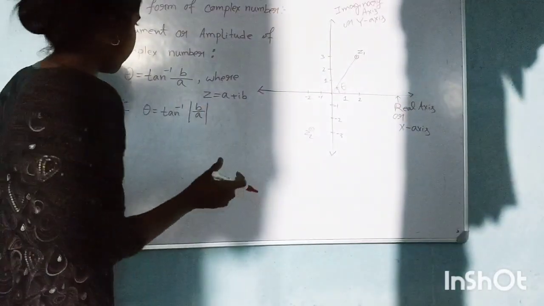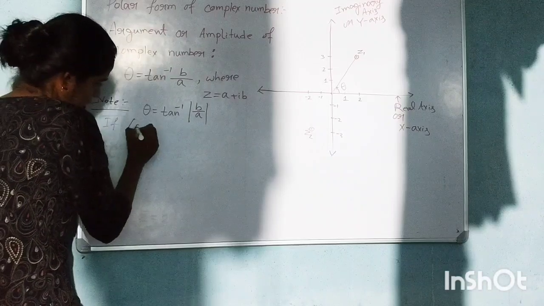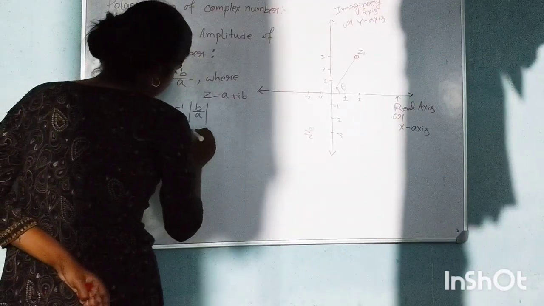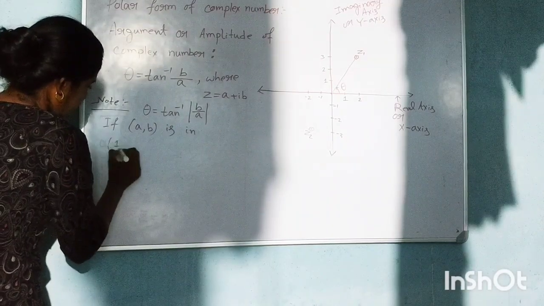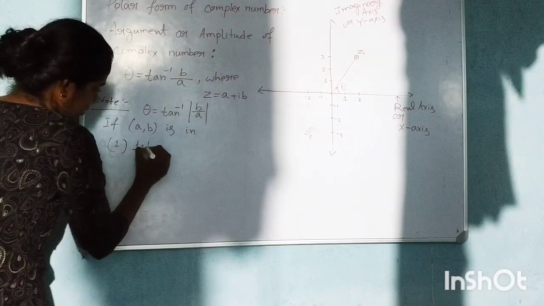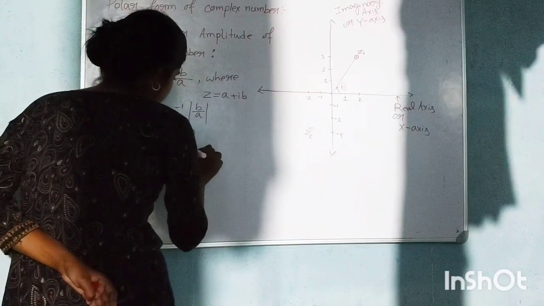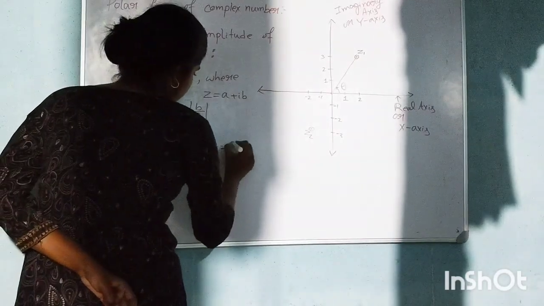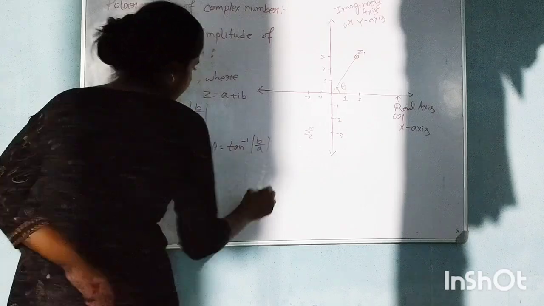Then we will see a comma b, if it is in first quadrant, then theta will be tan inverse mod b by a, nothing will change.